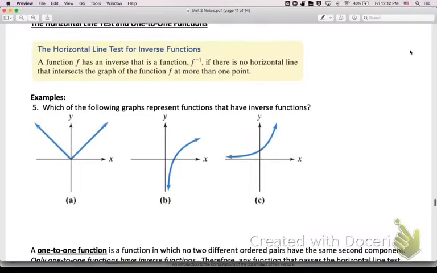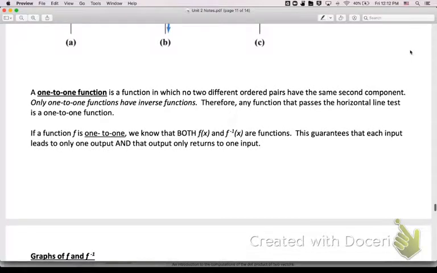If your function has an inverse that is also a function, then we call that function one-to-one. This is really important vocabulary right here, okay? A one-to-one function is a function in which no 2 different ordered pairs have the same second component.